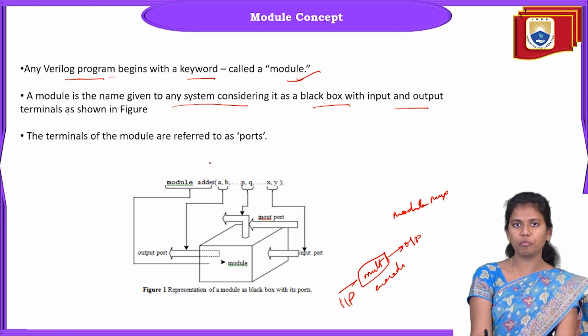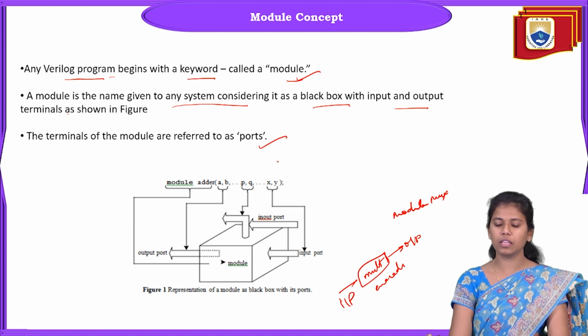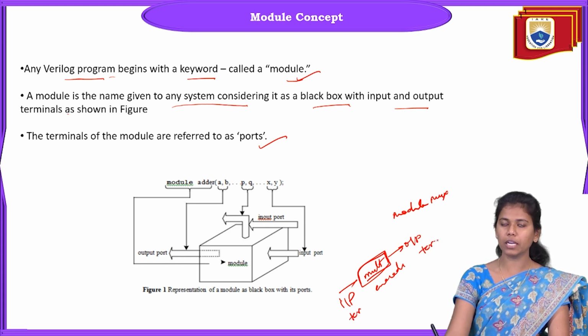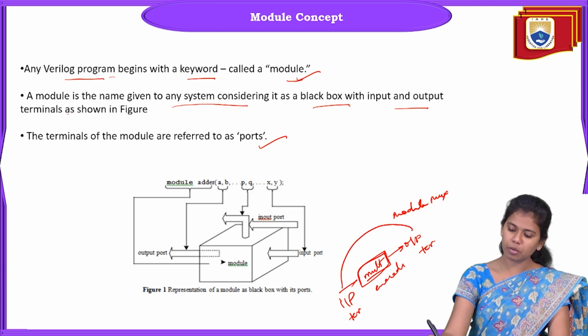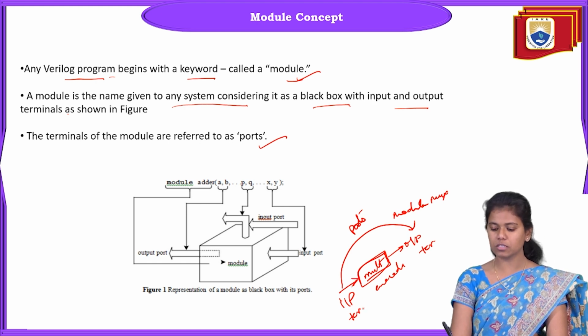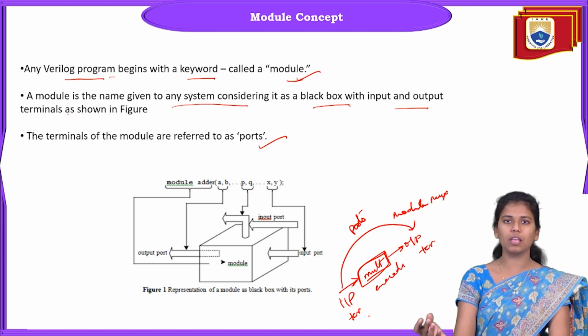The terminals of modules are referred to as ports. The input terminals and output terminals of this multiplexer module are nothing but the ports. If something is given as input to the multiplexer, it is called the input port, and something which comes out of the multiplexer is the output port.